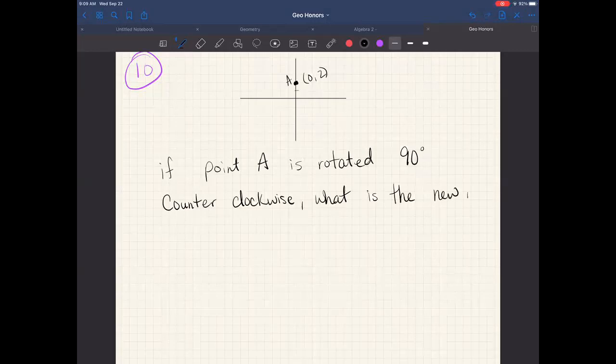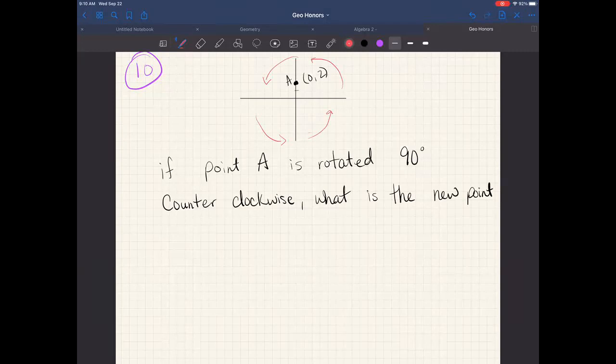So I'm asking for the new coordinate, okay? So if this is 0, 2, remember that clockwise means it goes in this direction. Where is that new point going to end up?